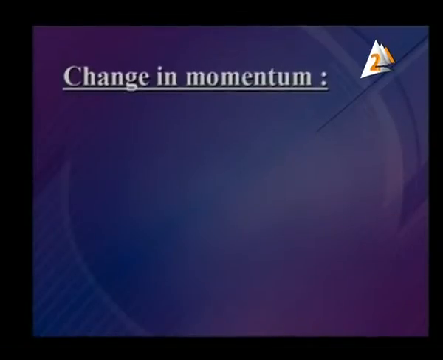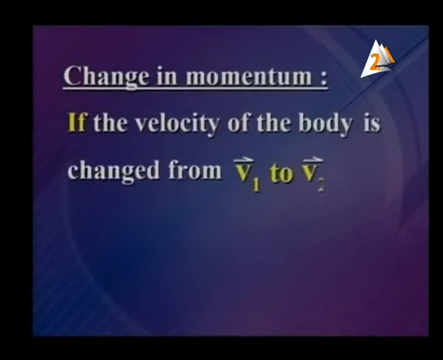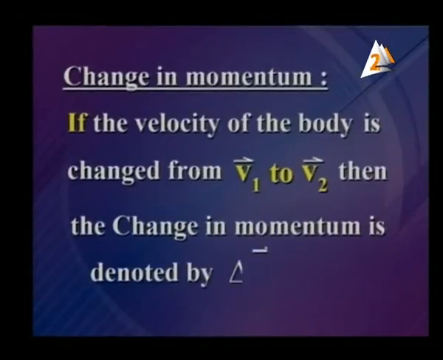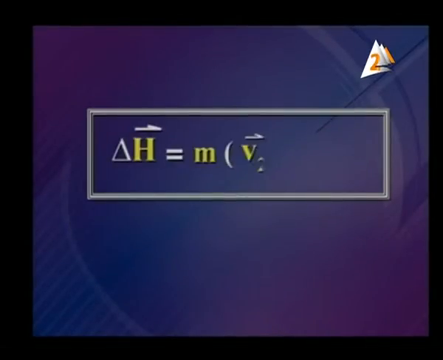Now, change in momentum. What is the meaning of change in momentum? If the velocity of the body is changed from v1 to v2, then the change in momentum is defined by delta h, where delta h equals m times (v2 minus v1).